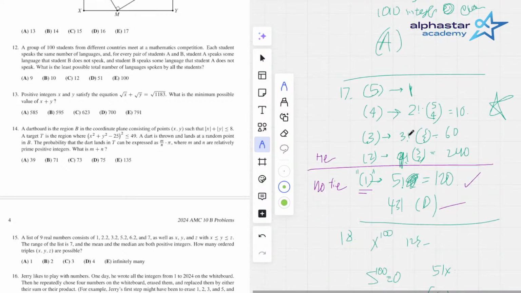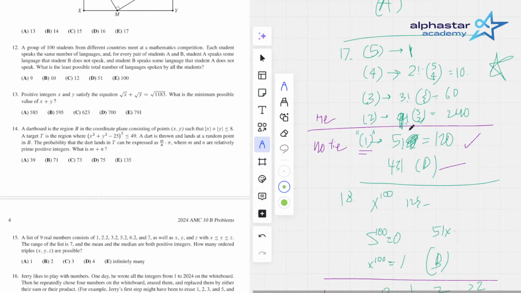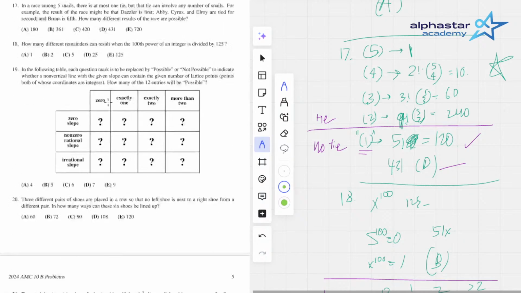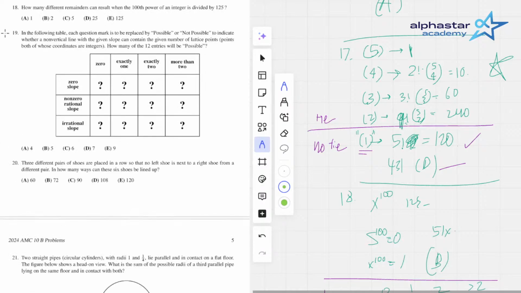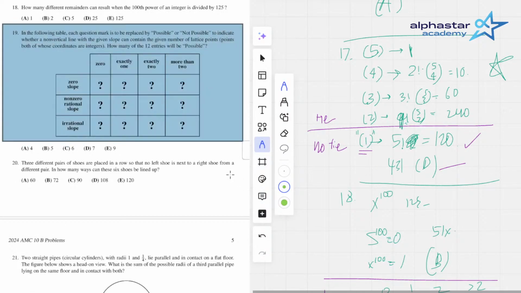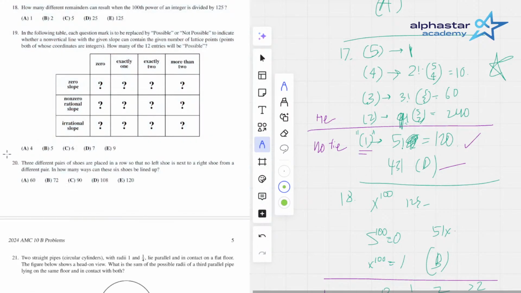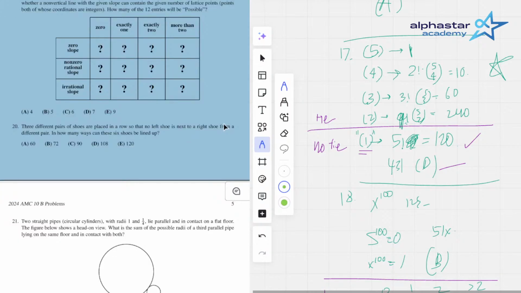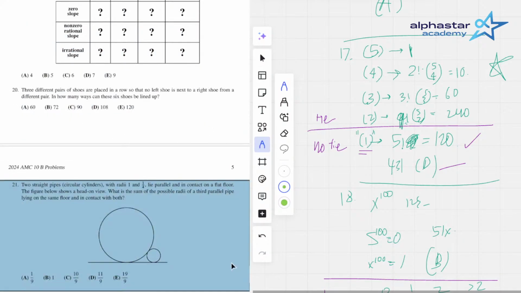I think this problem set was significantly easier than a normal AMC 10. If you look at the later problems, this one is pretty doable for anyone who's taking Algebra 2. Number 21 is actually a very stock problem.